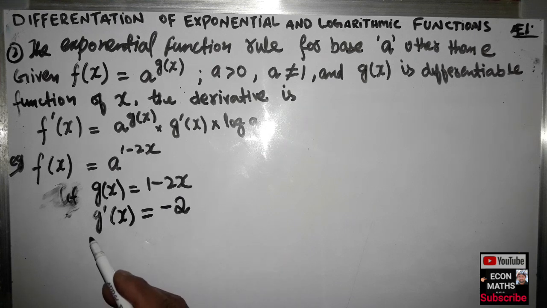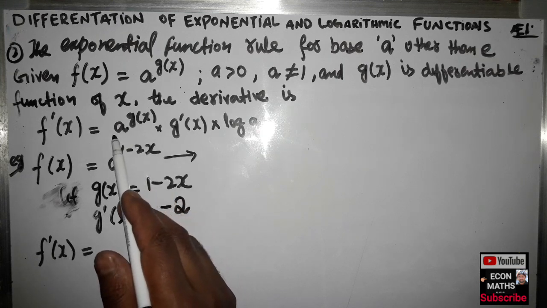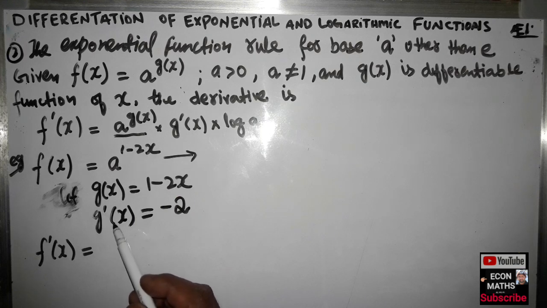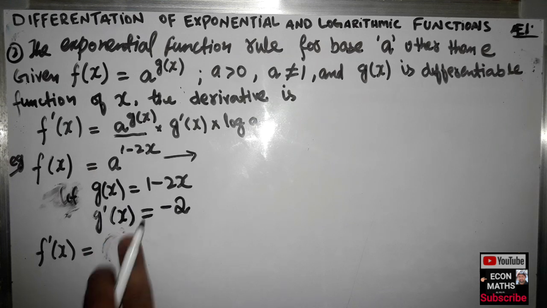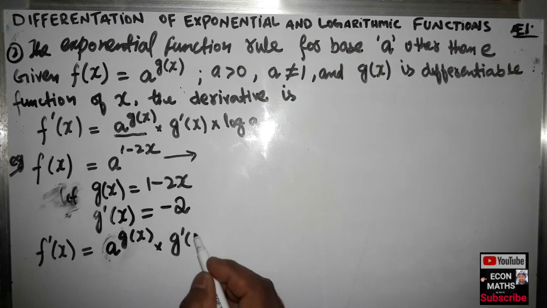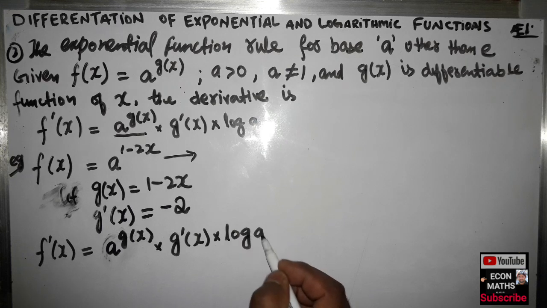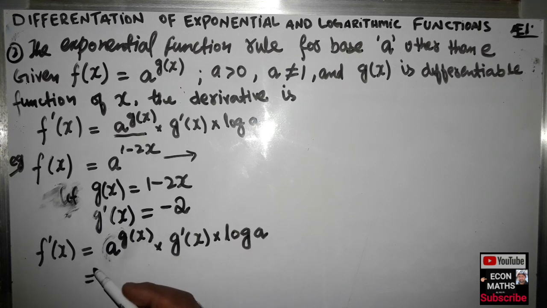Now the derivative of this function is given as f dash x is equal to the original function, that is a to the power g of x, times the derivative of the exponent times the log of the base a. Now we will insert the values.